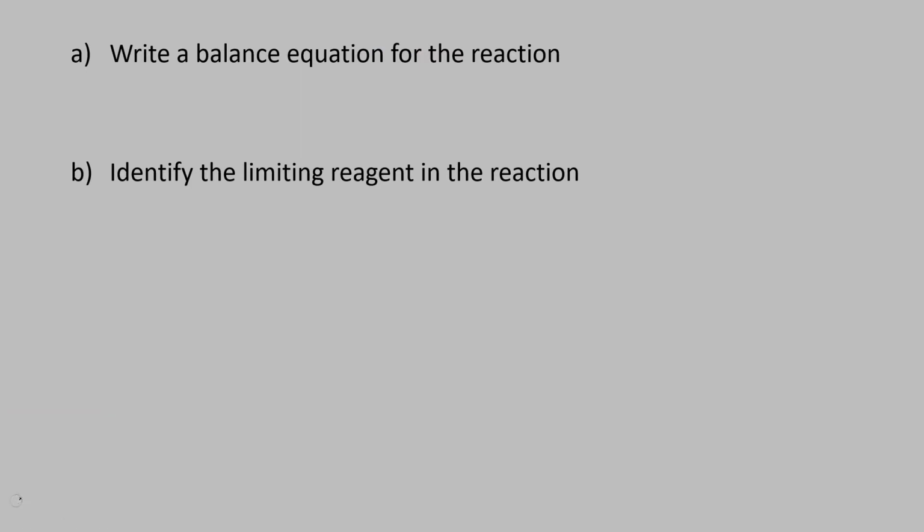So let's write it again. C2H2 gas reacted with hydrochloric acid, which is in aqueous form, will give you vinyl chloride, C2H3Cl, in aqueous form. It's a good idea to put the other information under your balanced equation, so you can refer to it and not mix up the information.